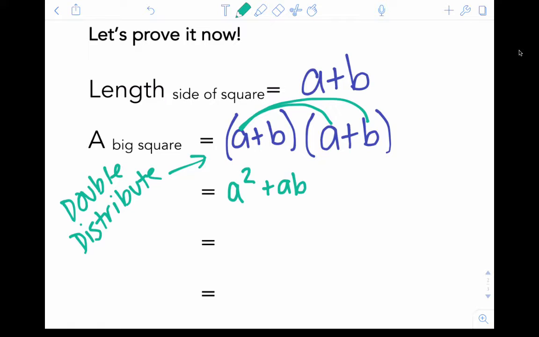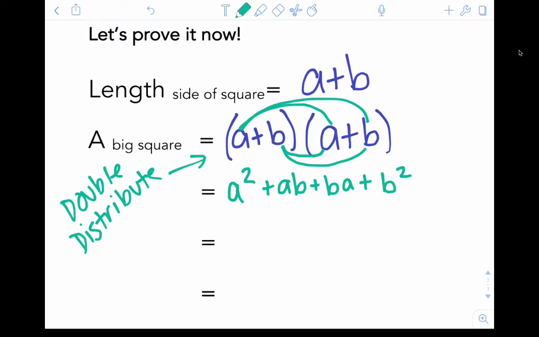So far I have A squared plus AB. Now I'm going to do the same thing with the B. I'm going to distribute it to the second parenthesis. So then I have plus BA, and then B times B, which is B squared. So here I have A squared plus AB plus BA plus B squared.